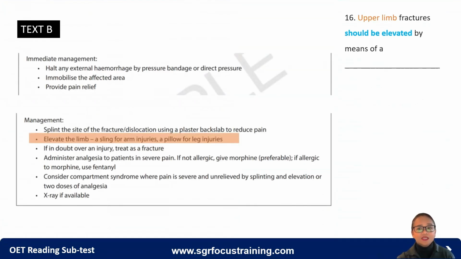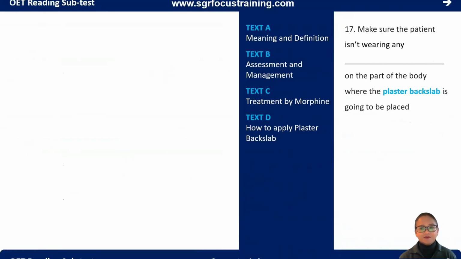So that means we're going to go into the arm information. So the answer in here is sling. So your text said sling, but we're going to remove that because that is already there. So sling is the only answer accepted.